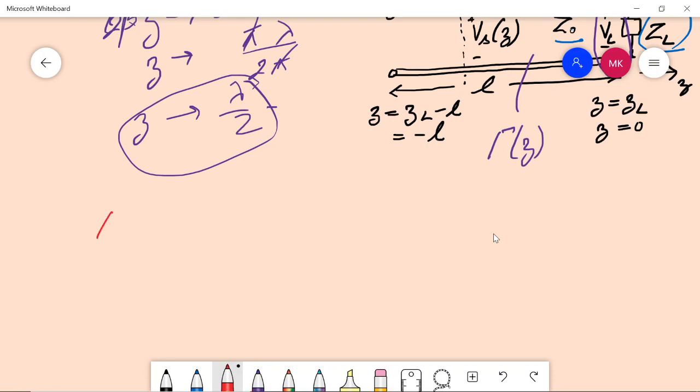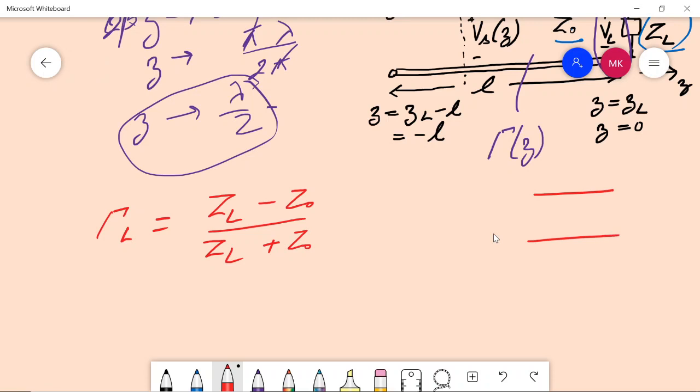Gamma L was given by ZL minus Z naught over ZL plus Z naught. Okay, at this point. So you have this transmission line and you are connected with load here. You are finding the gamma L at this point.